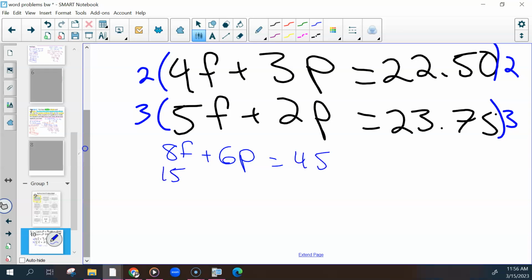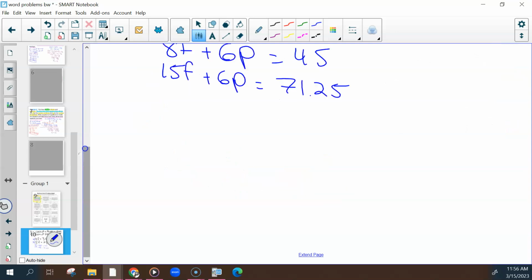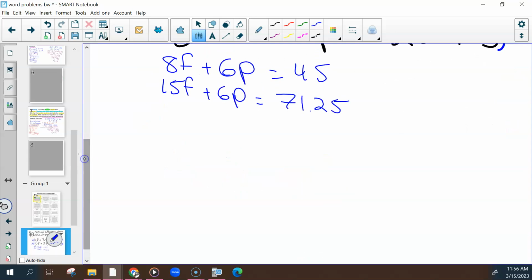And then 15F plus 6P equals, multiply that by 3, tell me what you get. And if we're eliminating P, would we add these or subtract them?